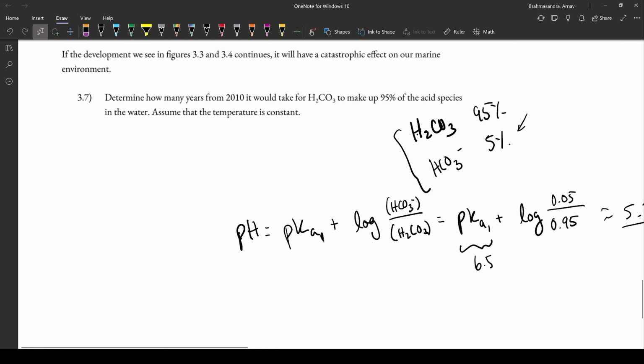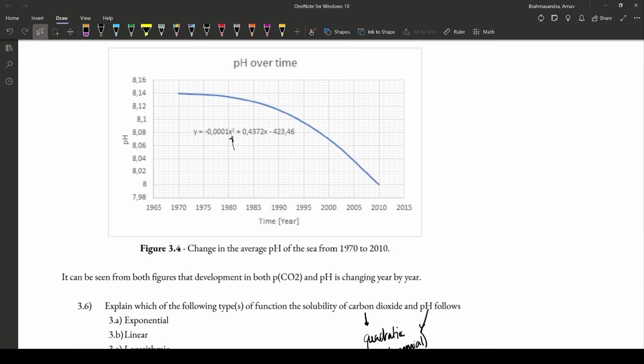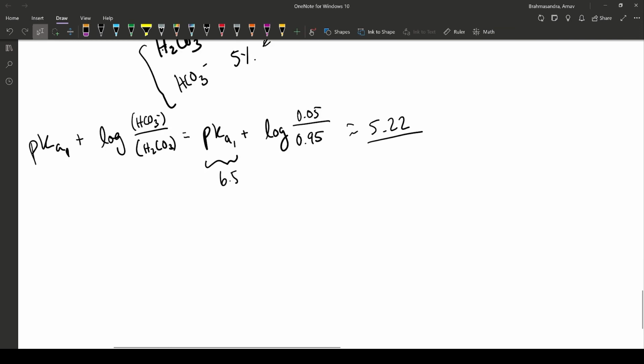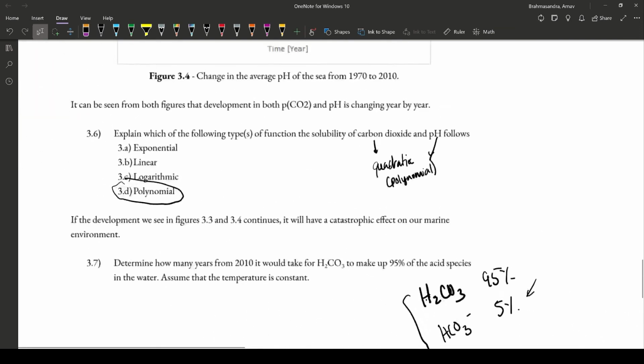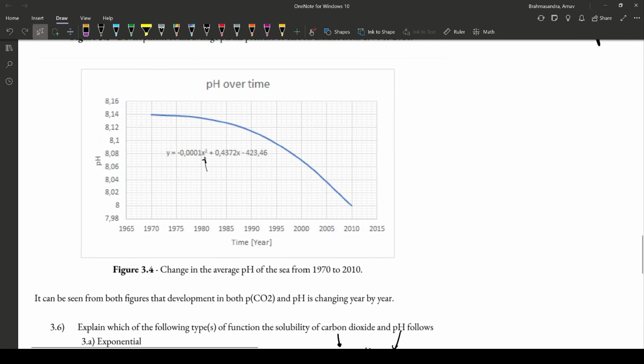Next, we want to find how many years from 2010 it's going to take, right? So we know that this is the way that pH varies over time. And we know what our pH should be. Our pH needs to be 5.22, and we know how pH is varying over time using this equation. So let's set it equal to our 5.22.